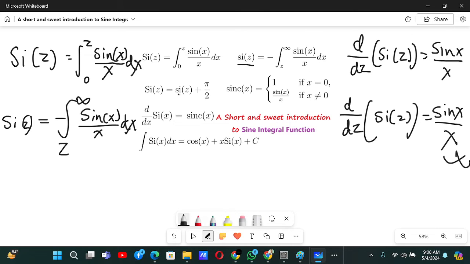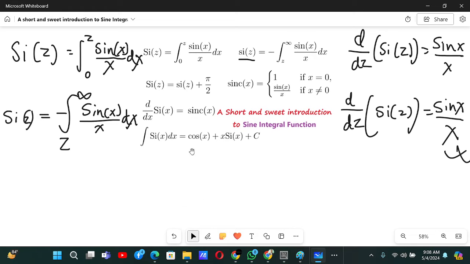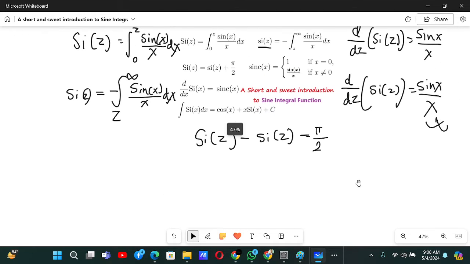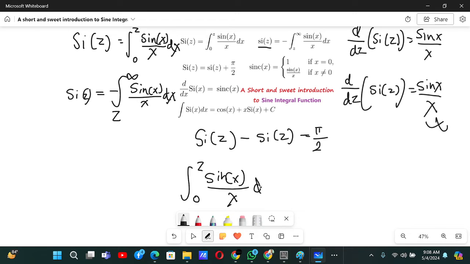Now let's see a property that connects these two functions. Let me try to find capital Si of z minus small si of z, and we need to get this as pi by 2. We know that capital Si of z is just the integral from 0 to z of sine x by x dx, and then the minus and minus sign becomes plus, the integral from z to infinity of sine x by x dx.